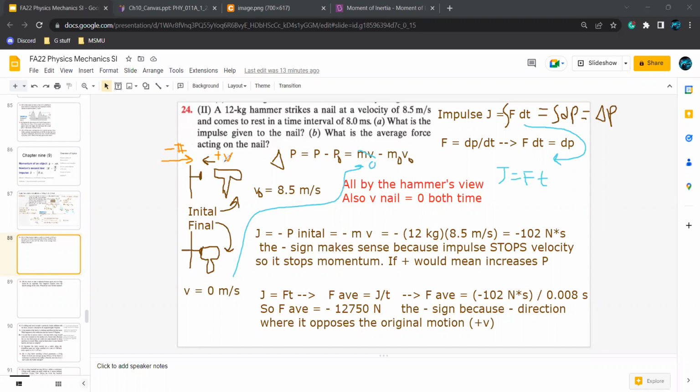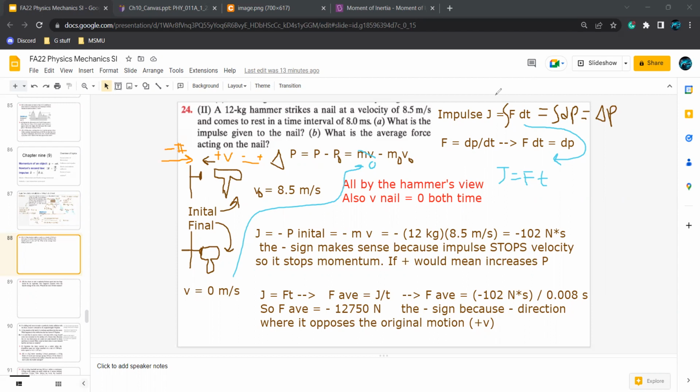Because it's opposing the motion, by saying this is your plus v, you're saying this is your positive axis and this is your negative. This looks like a weird schematic case. Cool. And then that solves this problem.